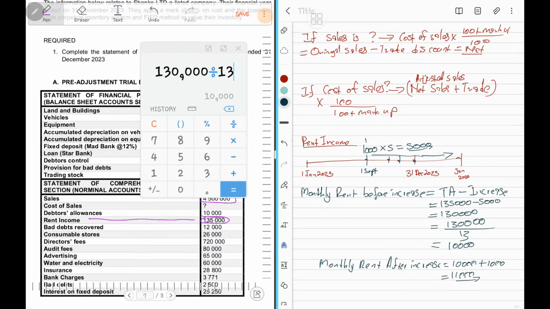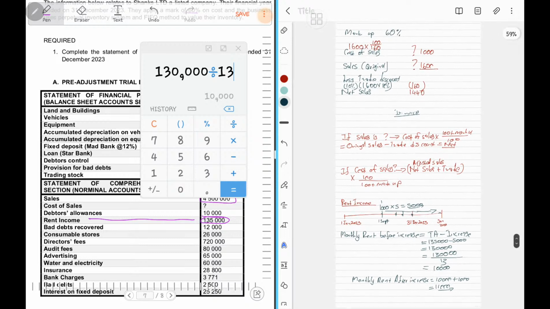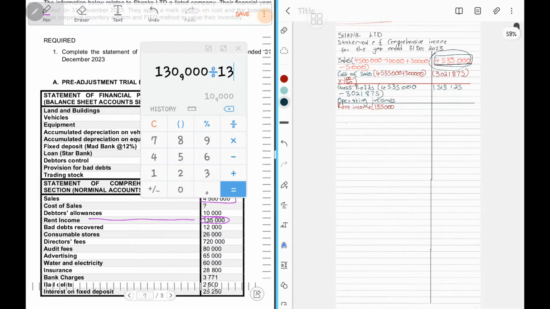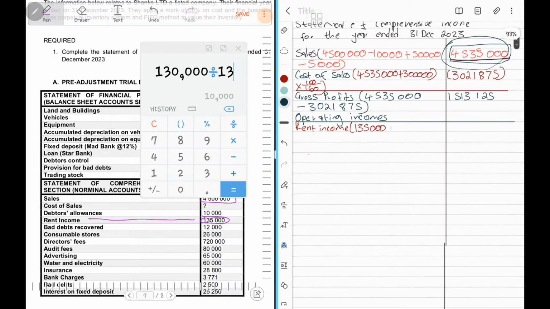So it means the 11,000 is the rent received in advance. So we have to subtract it. It does not form part of the financial year. So we're going to subtract 11,000 here. So it will be 135,000. We subtract 11,000. That gives us 124,000.